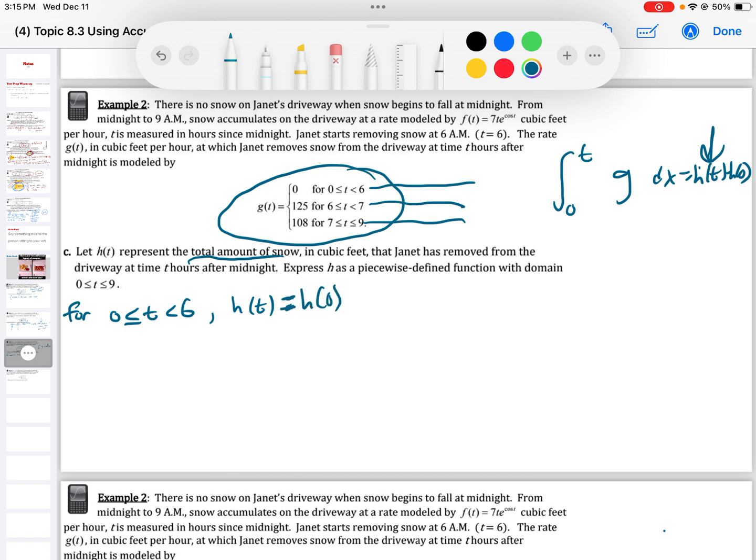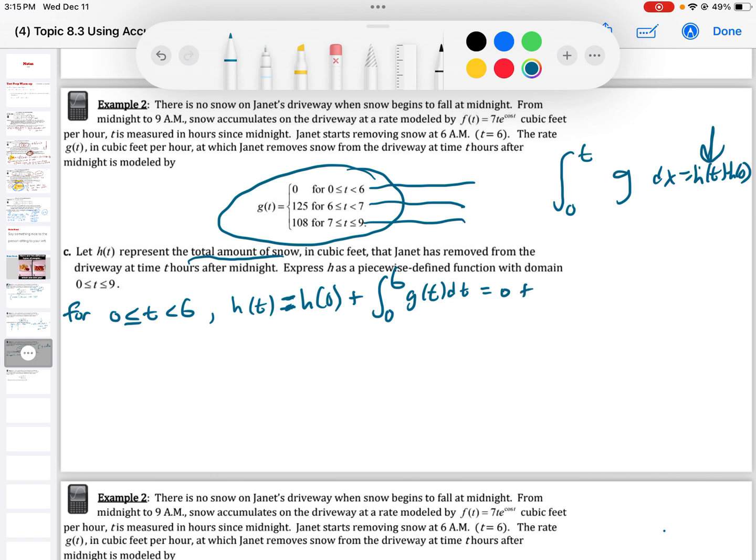So I'm going to think about it like this. What's the total amount of snow she's removed at time 0? That's going to be 0, right? Plus the integral from 0 to 6 of g of t dt. Now, really that should probably be some other dummy variable like x, but I'm going to keep it t, so I think we're okay.